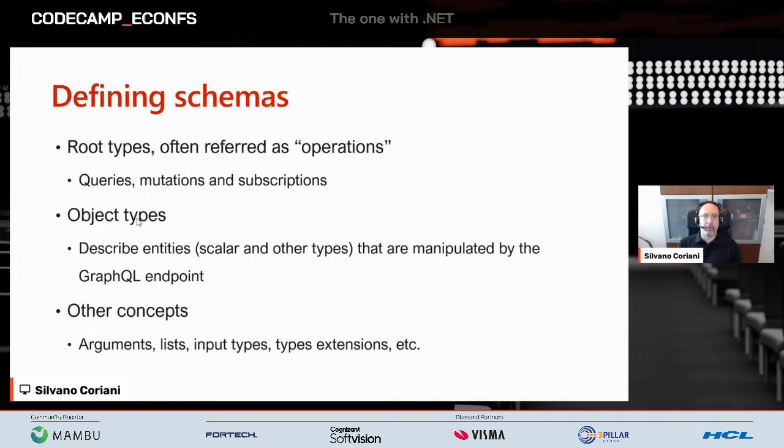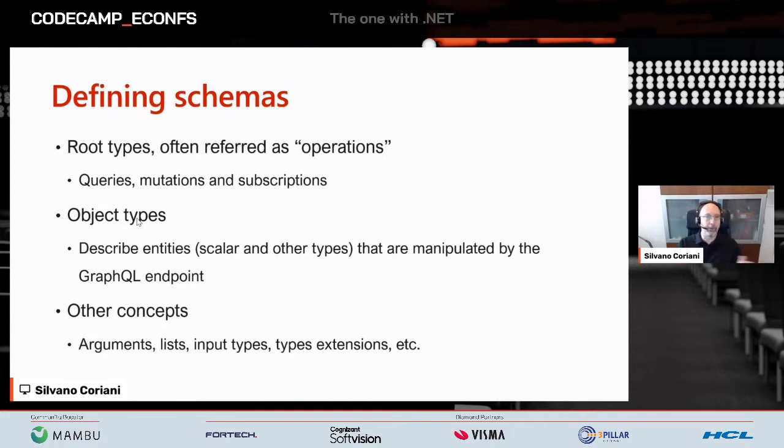First of all, we define those root types that, as I was mentioning, are usually referred to as operations: queries, mutations, and subscriptions. Those are typical objects from a GraphQL perspective. They are root objects because they need to be there in order to create a GraphQL service itself.